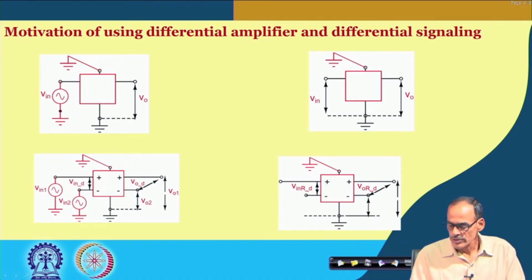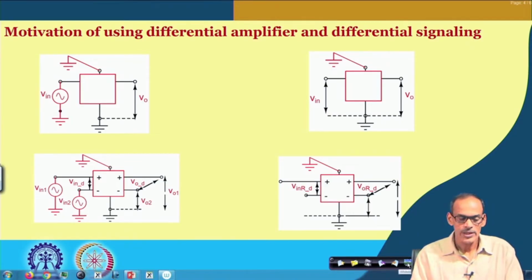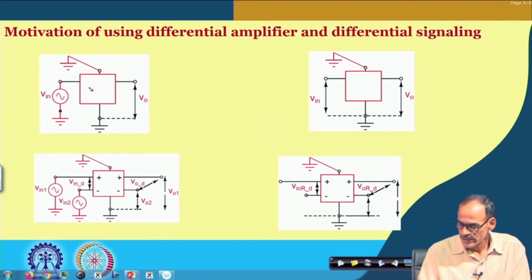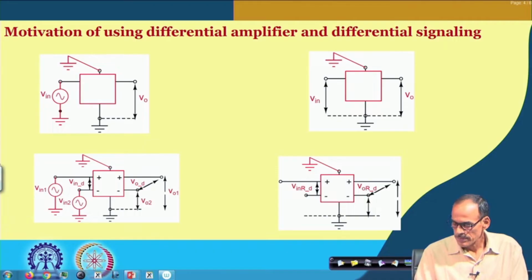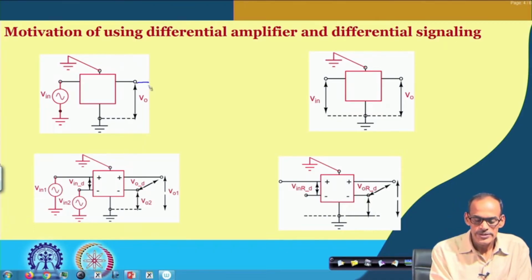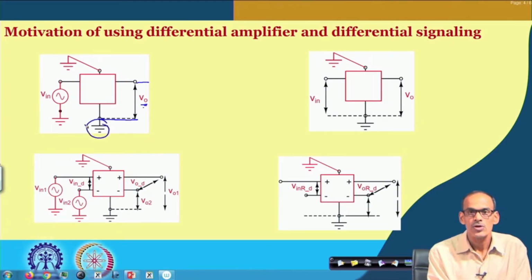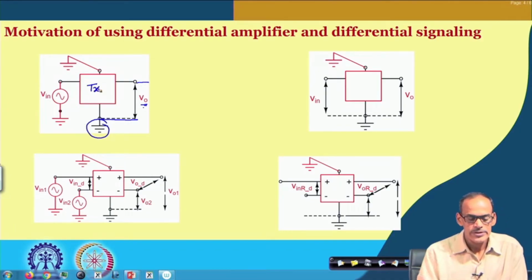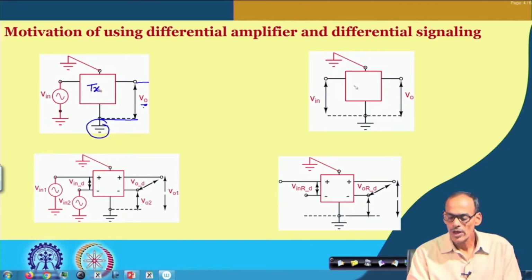So, suppose we have a single ended amplifier. This is one single ended amplifier, and it is producing a signal V out, and since it is single ended, this V out is with respect to its common node. Let us call this the transmitting circuit, and then we have a receiving circuit.